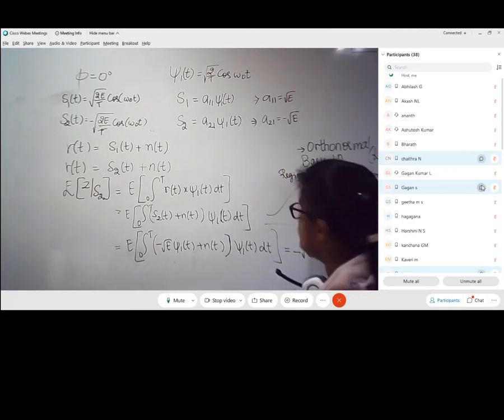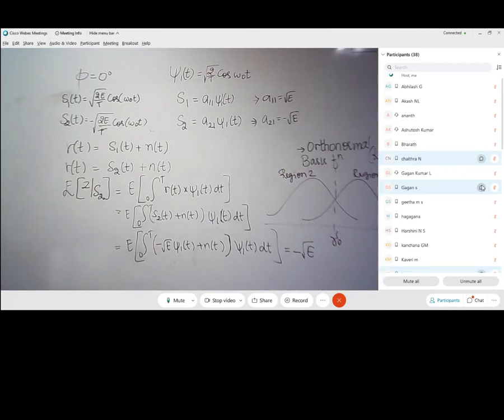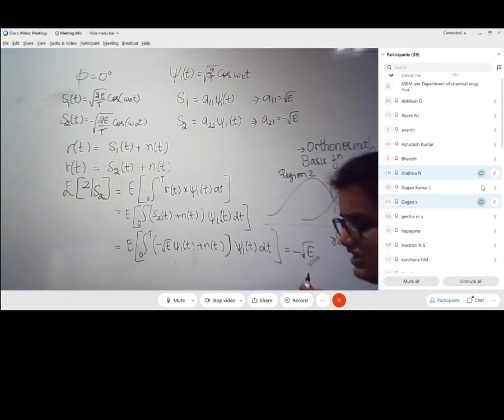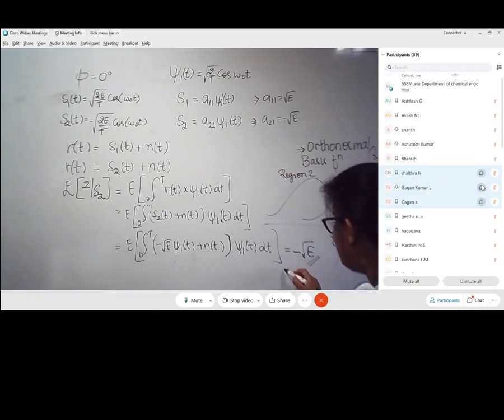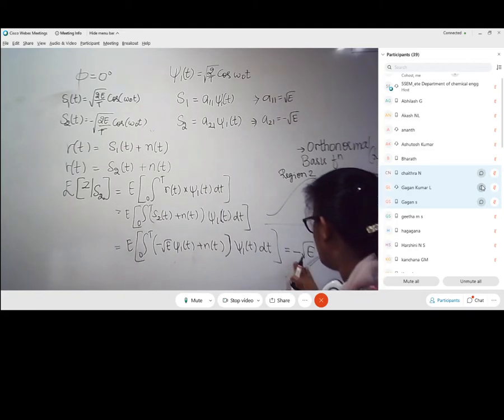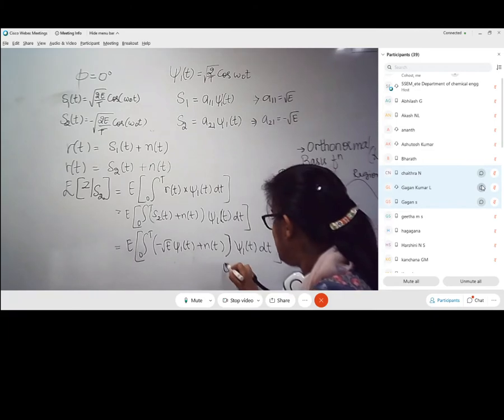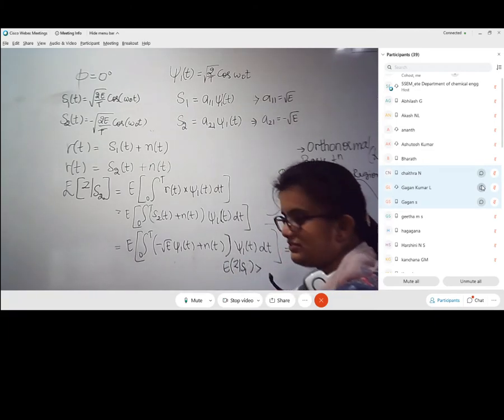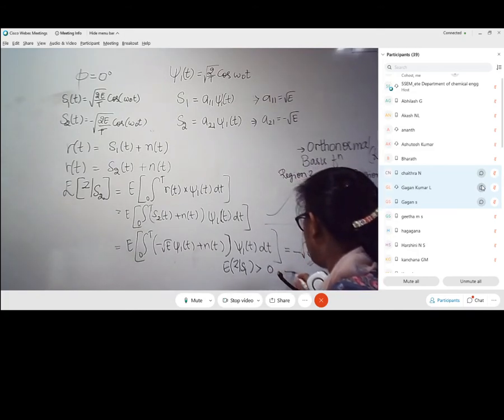So I can conclude clearly that if the expected value of Z given S1 or Z given S2 is greater than the threshold gamma naught, or if it is a positive value, that is, the expected value of Z given Si is greater than 0, then I decide in favor of S1.